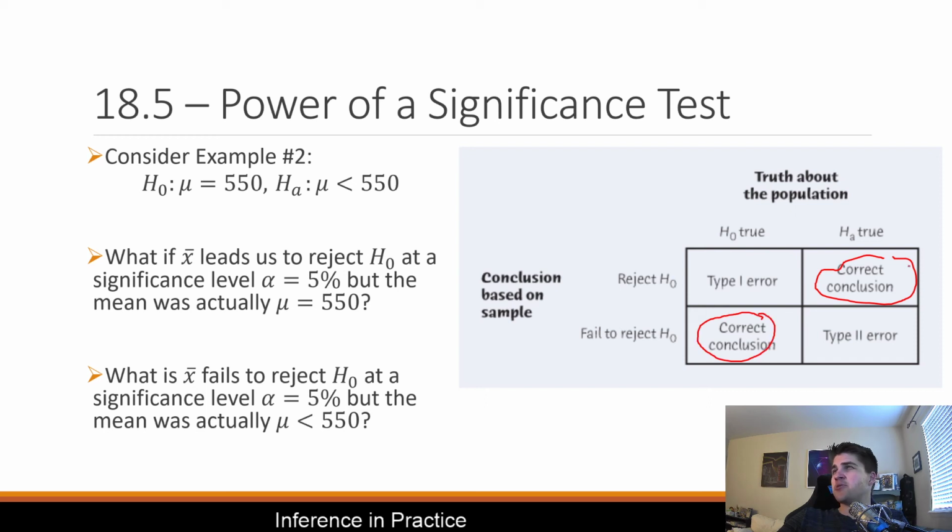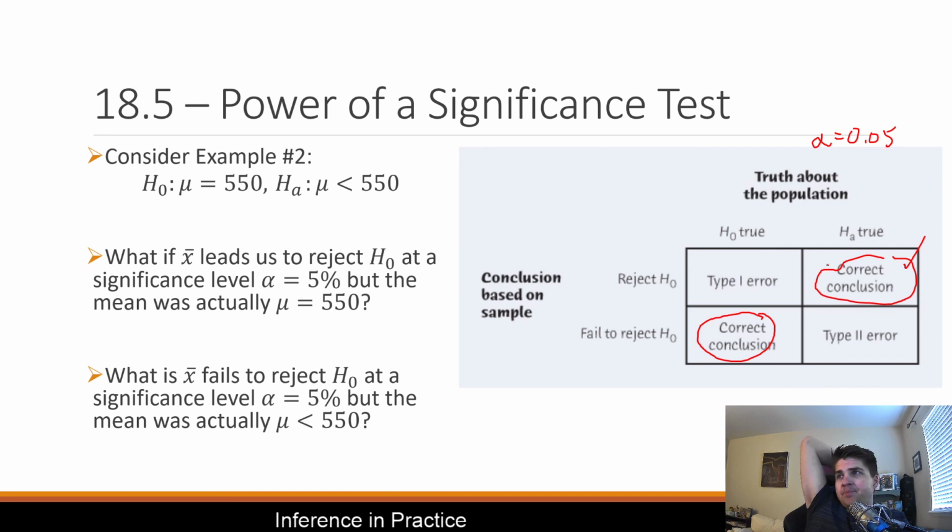If we reject H sub 0, and the alternative hypothesis was actually true, we would get a correct conclusion. It always depends on alpha, but let's say alpha was 0.05. A type 1 error would only happen 5% of the time, and a correct conclusion would happen the rest of the time.